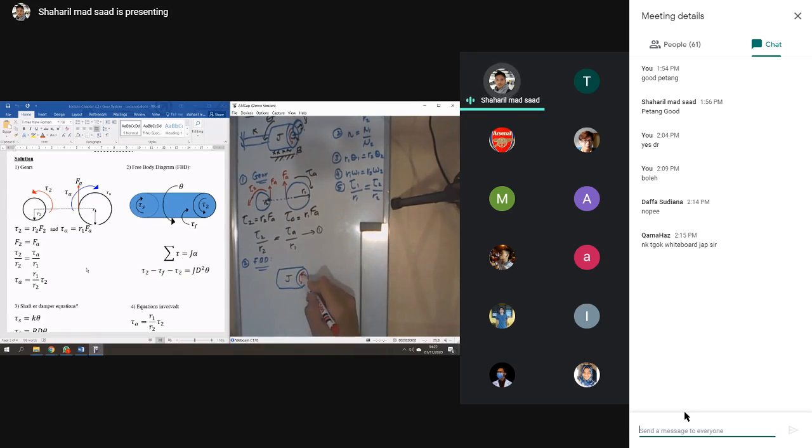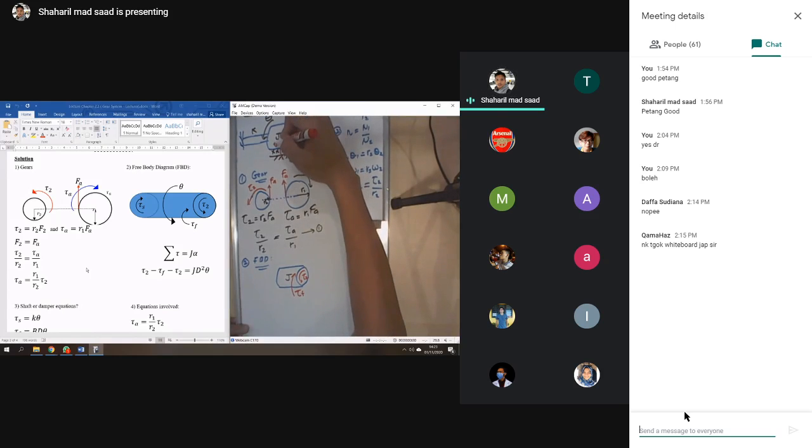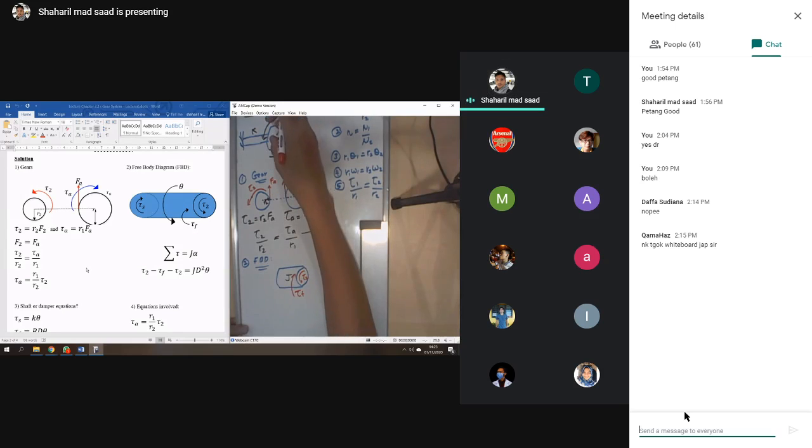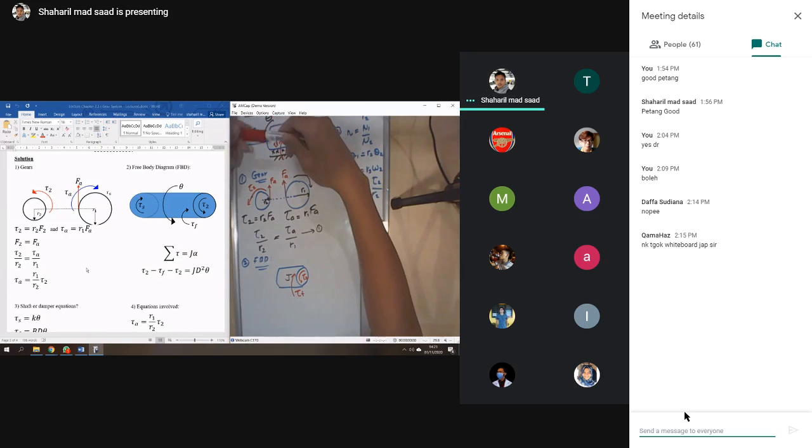When this T2 goes down, we rotate it, so that means you will have another torque, TF, the torque from the friction B. You rotate this one, that means you will have TF here. When the inertial body rotates, the shaft will fight back.